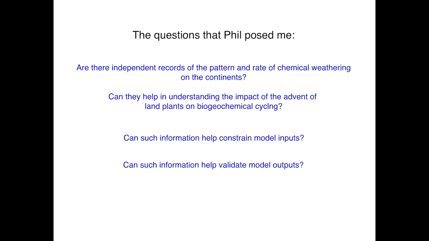And for example, can they help constrain model inputs? You know, the acceleration factors, for example. I don't think they can, but can they help validate these model outputs? And I'm afraid to say that the short answer to that is kind of not really, to be honest. But there is some potential before you all leave the room.